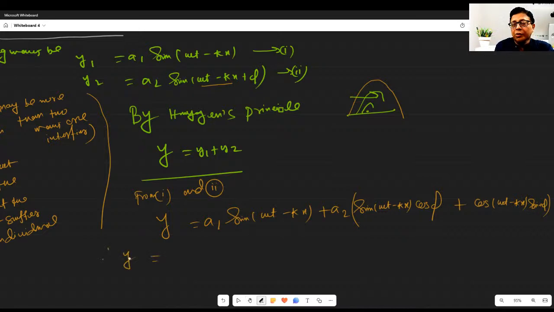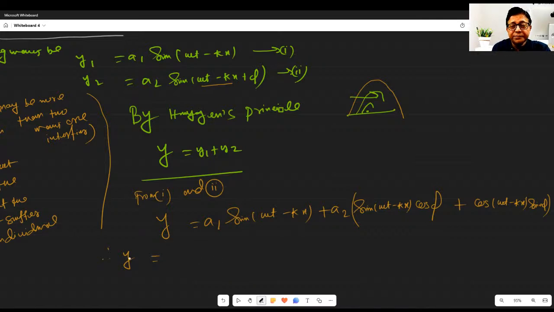So y equal to, you take this thing common, a1 sin(omega t minus kx) only common.